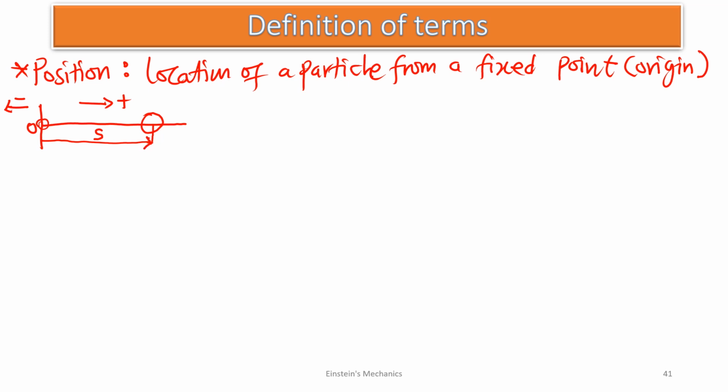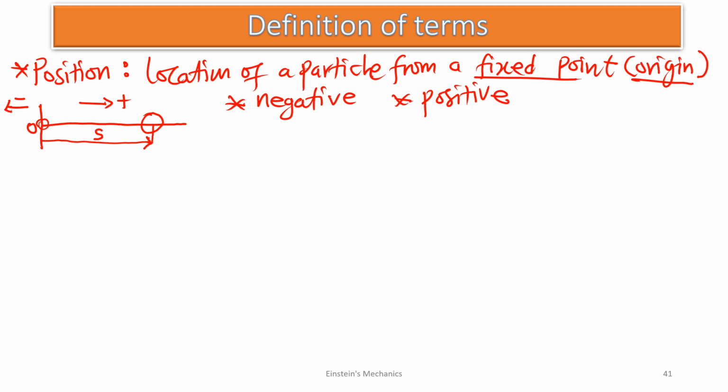So this will be the position from the fixed point or the origin. Are you okay? Let's pay attention that it can be negative and it can also be what? Positive for the position.